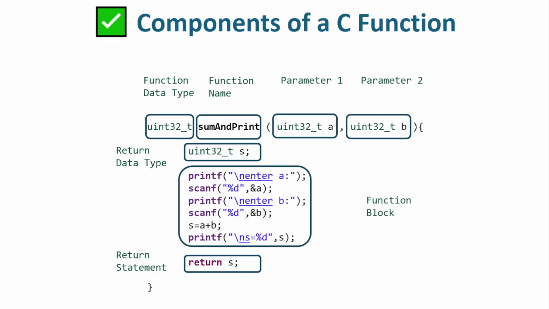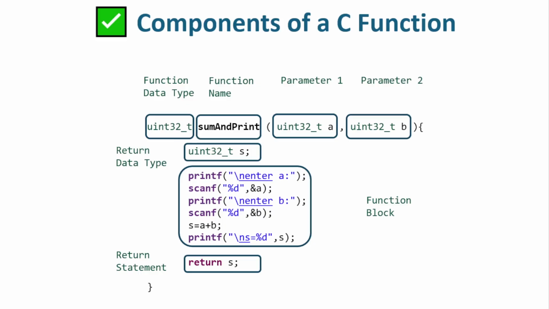What it is: a block of code between braces that performs the function's tasks. It includes declarations, logic, control flow, etc. Return statement. What it is: sends a value back to the caller. Required if the return type is not void.